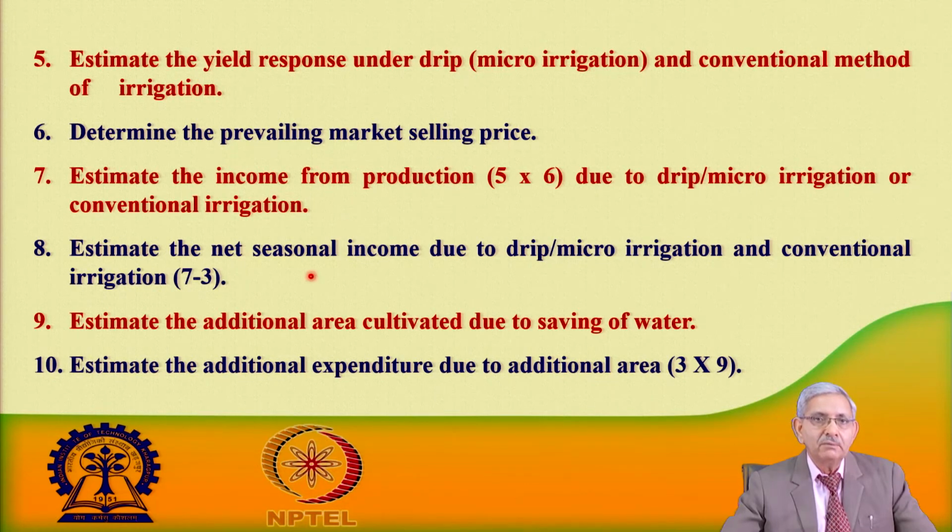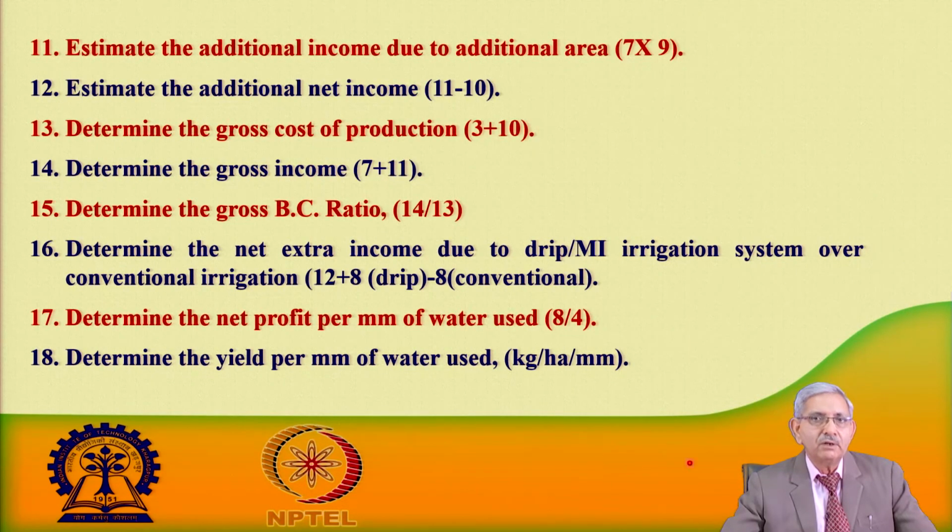So, total seasonal cost is subtracted from the total net income. Now, estimating the additional area: when we are giving water through the drip system, we are saving a considerable amount of water. That saving in water, if it is used for cultivation, can be calculated, and if we are considering the same selling price, then the additional produce which we are getting can be utilized.